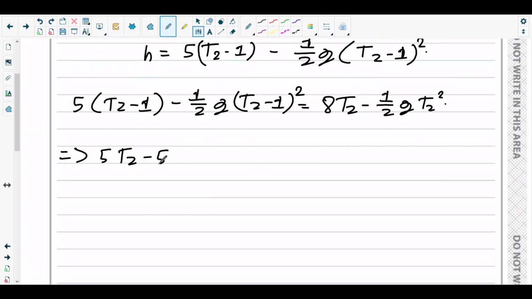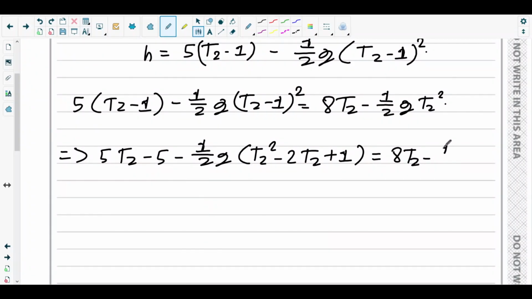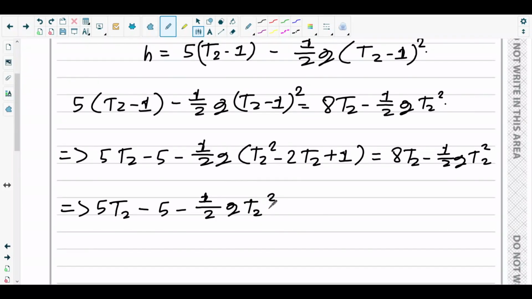5t2 minus 5 minus half of g times a squared, which is t2 squared minus 2t2 plus 1, equals 8 times t2 minus half of g t2 squared. Look, on the left hand side we have minus half of g t2 squared, and on the right side we also have minus half of g times t2 squared.